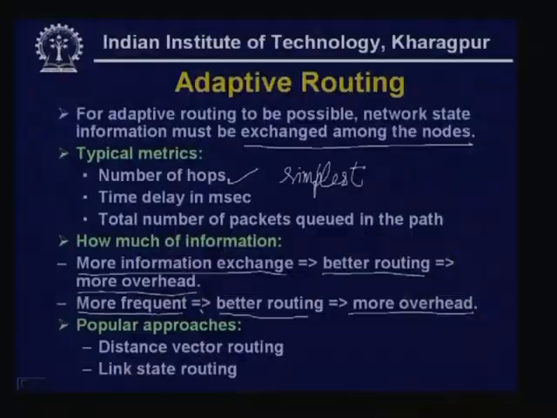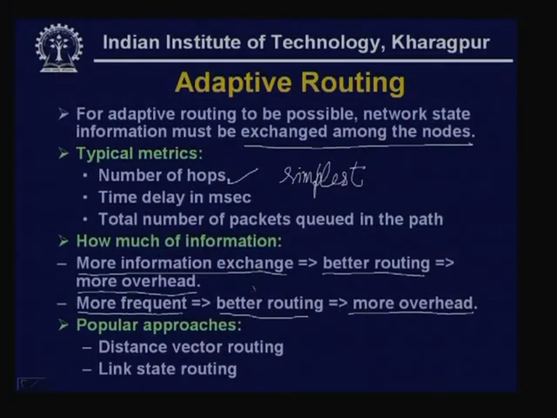On the other hand, if the information gathering takes place after a large interval, then the routing that is being done based on the information may not be very relevant. By the time that information is used for routing, the network parameters may change. So, the more frequent it is, the better, but it increases the overhead.